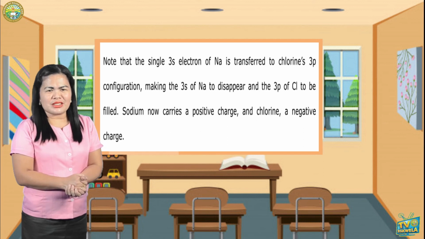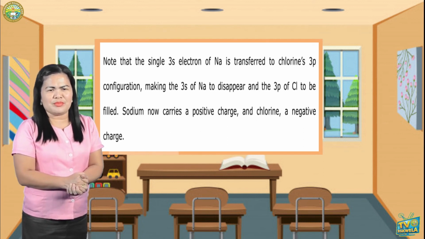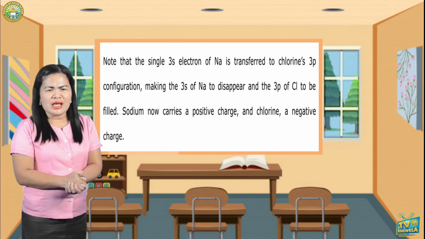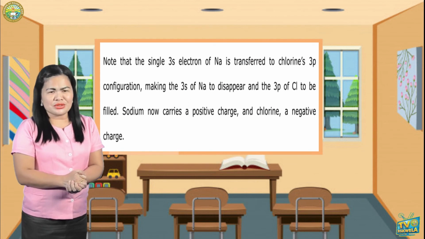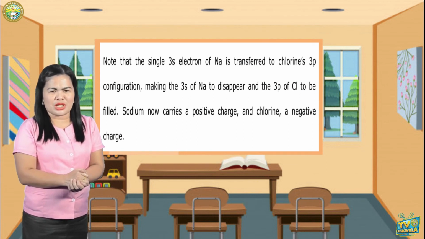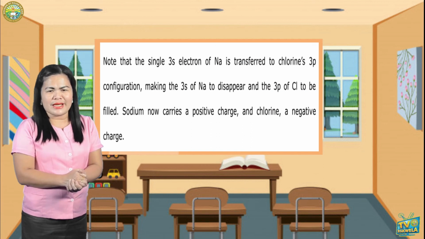Note that the single 3s electron of sodium is transferred to chlorine's 3p configuration, making the 3s of sodium disappear and the 3p of chlorine to be filled. Sodium now carries a positive charge and chlorine a negative charge.